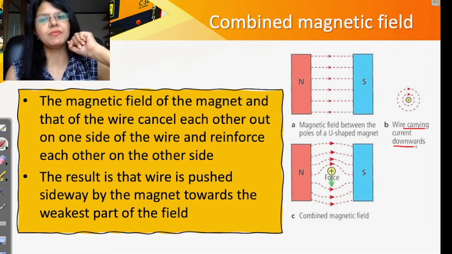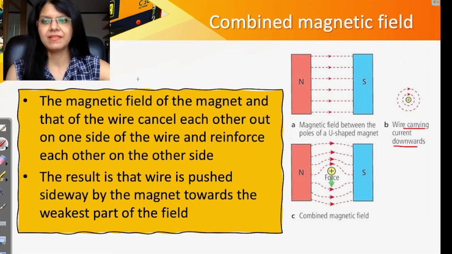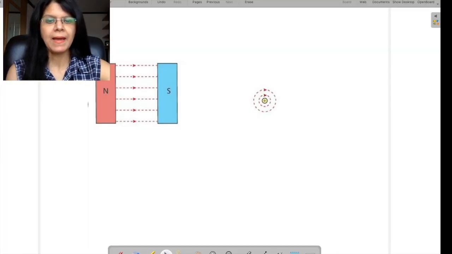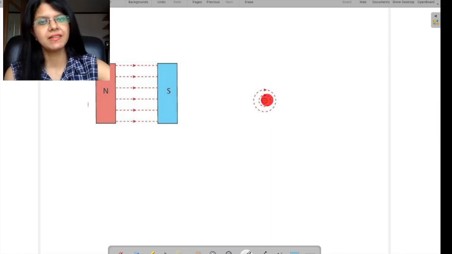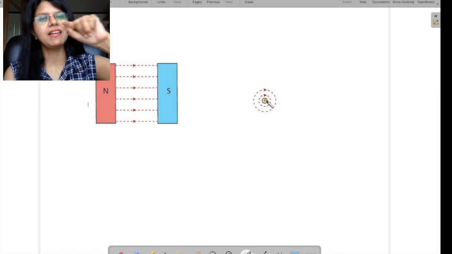That's the direction of the movement of the current. Because the current is flowing in this wire, there is a magnetic field around this wire.